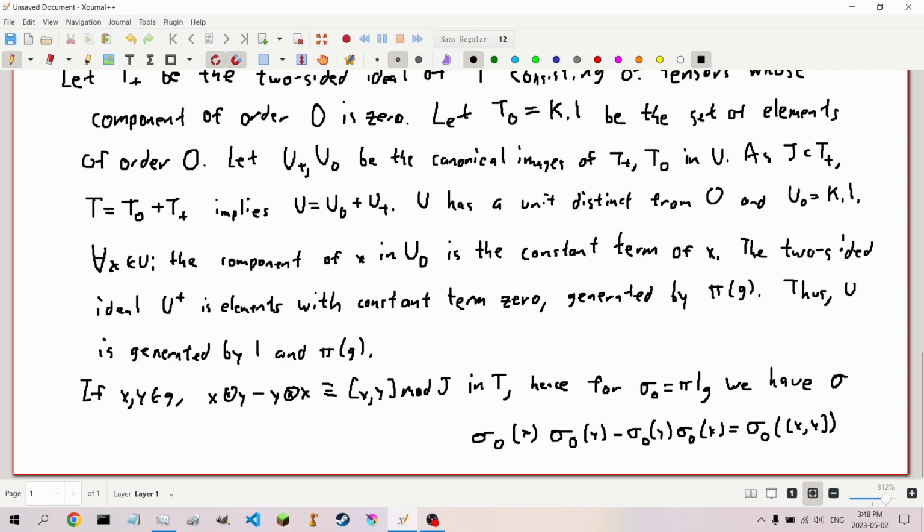So we have sigma 0 is an alpha mapping of G into U.